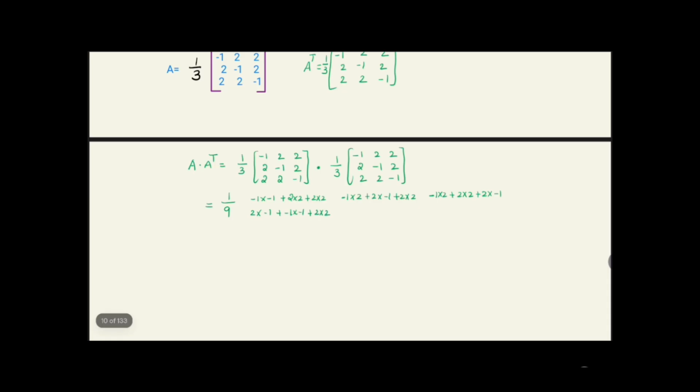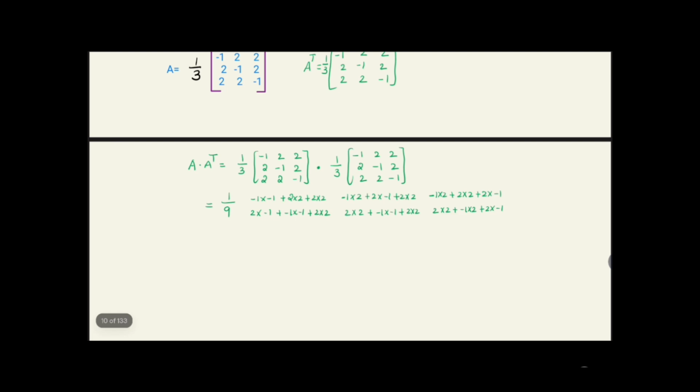Second row, second column: 2 into 2 plus minus 1 into minus 1 plus 2 into 2. Second row, third column: 2 into 2 plus minus 1 into 2 plus 2 into minus 1.